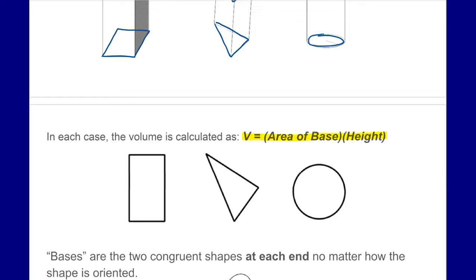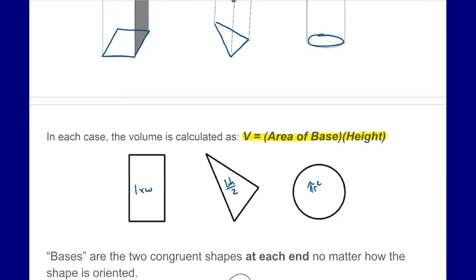The nice thing is, we know the area formulas for a lot of these basic shapes. Length times width for a rectangle, base times height divided by 2 for the triangle, pi r squared for the circle.